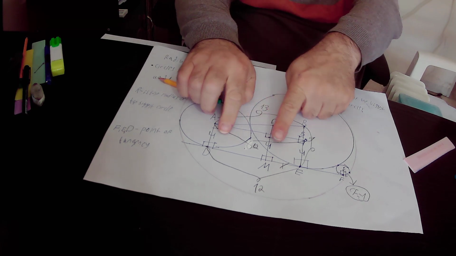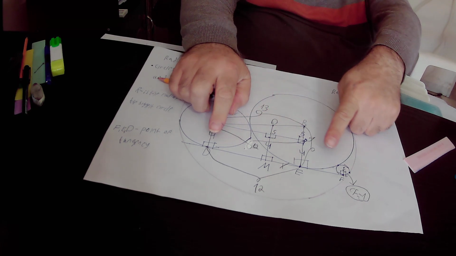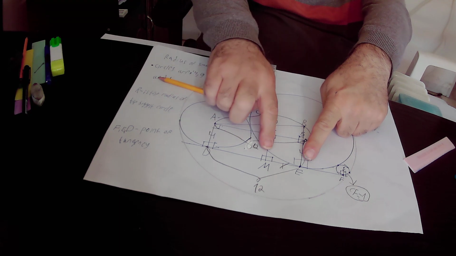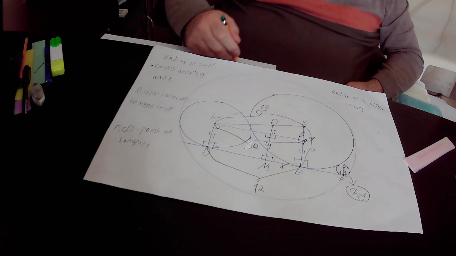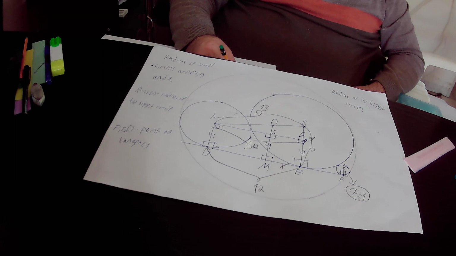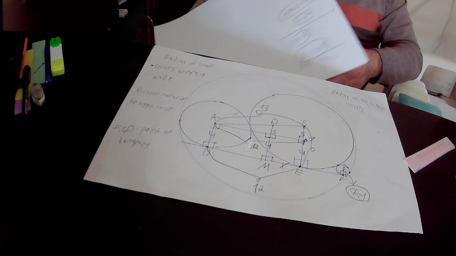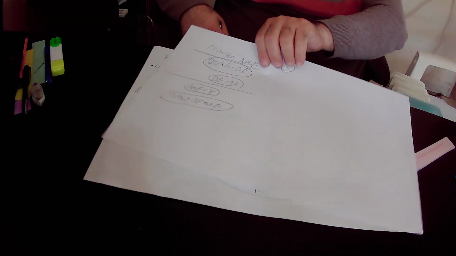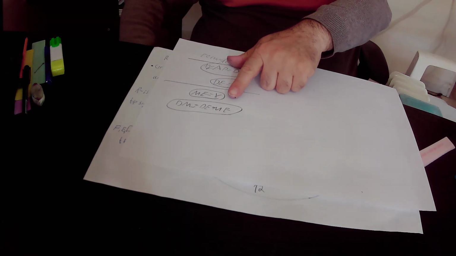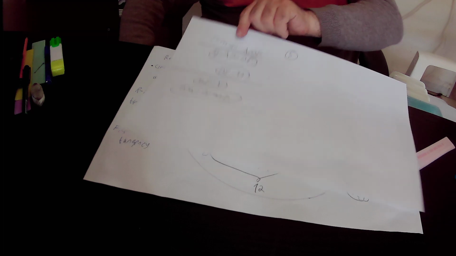We can see it easily from the drawing that DM equals DE minus ME.